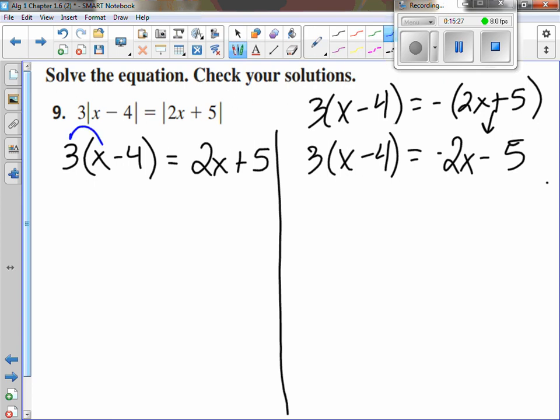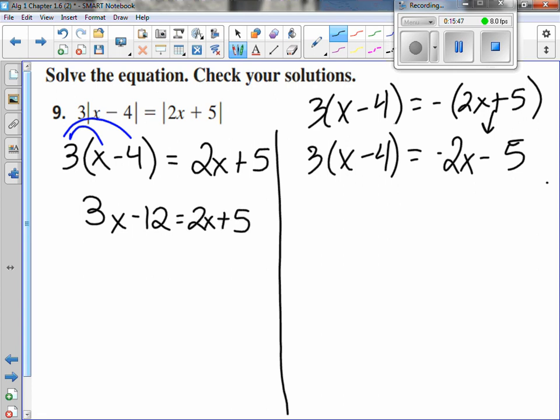Now the first thing we're going to have to do is multiply through by 3. We have to distribute the 3. So 3 times x is 3x. 3 times negative 4 is negative 12. So now we need to get x's on the same side, and then we're going to get the numbers on the other.